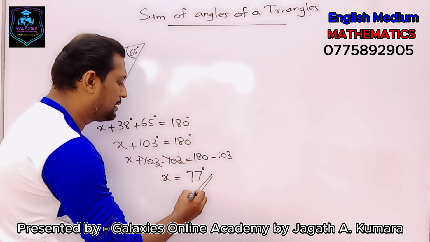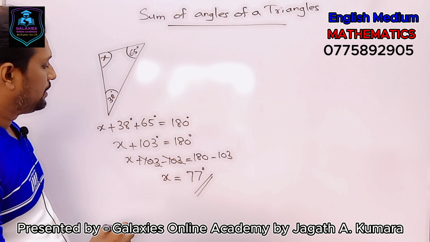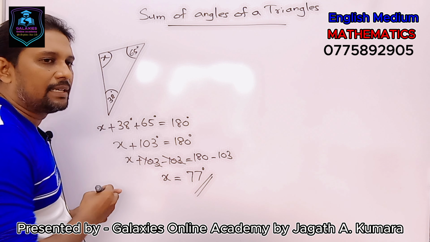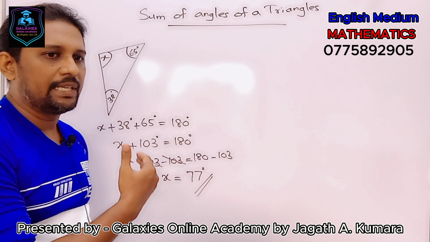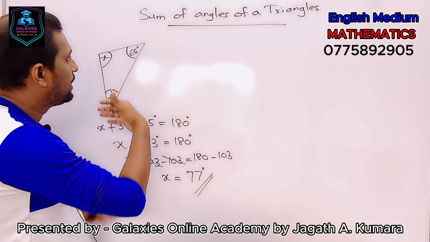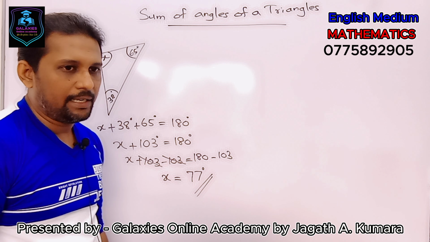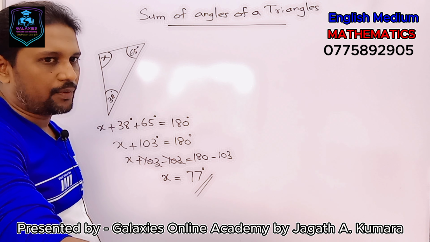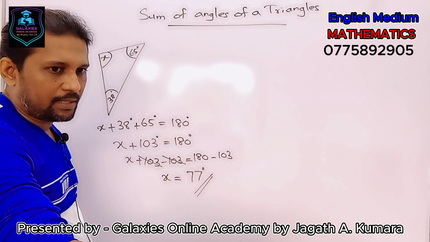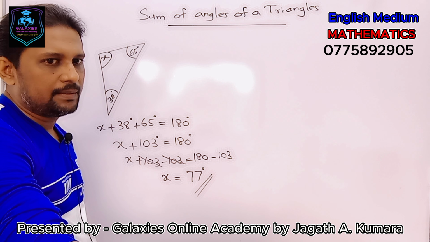So what is the magnitude? x equals 77 degrees. I think you can understand how we can apply this theorem to questions like these, right? Using the theorem, we can find the magnitudes of the angles. Then let's do another example.